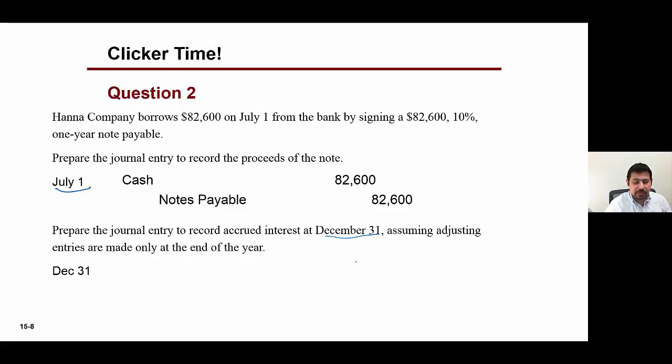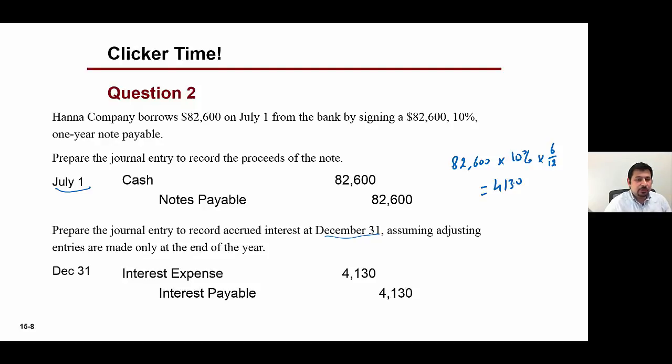The interest amount in this case is calculated once again as face value multiplied by the interest rate multiplied by the time in years, which is 6/12. As a result, the amount here will be equal to 4,130. This is the interest expense. So the company will debit interest expense 4,130 and will credit interest payable 4,130.